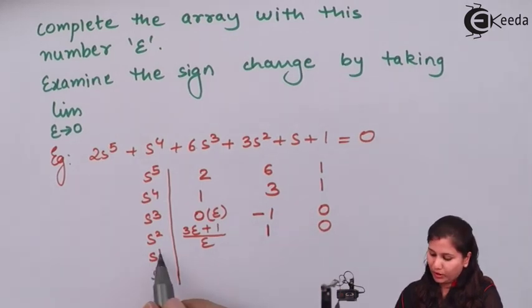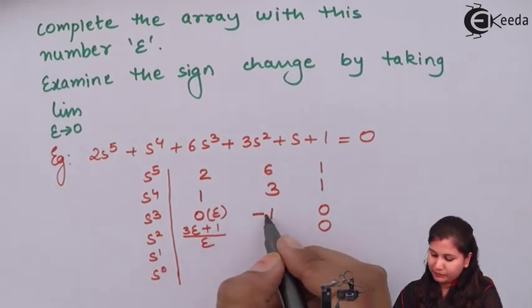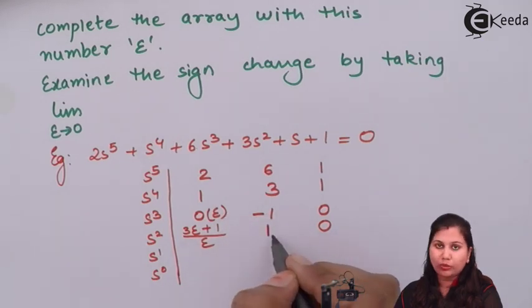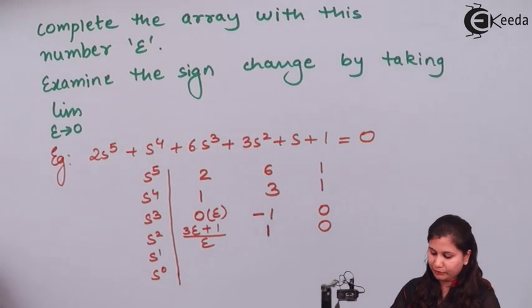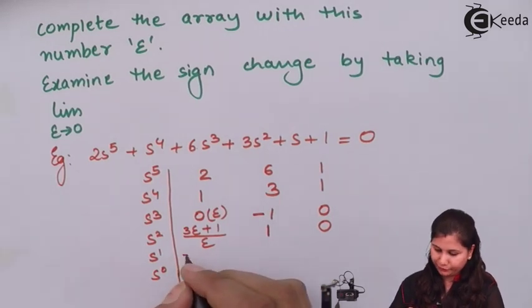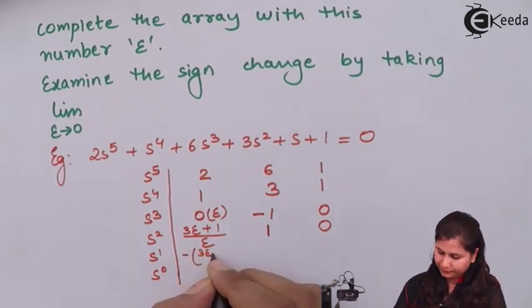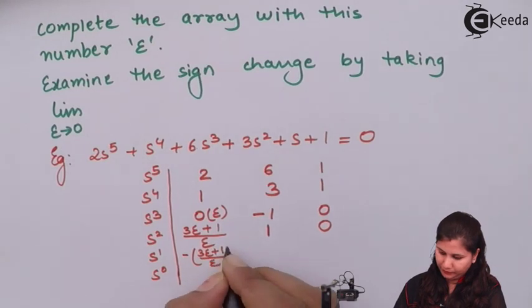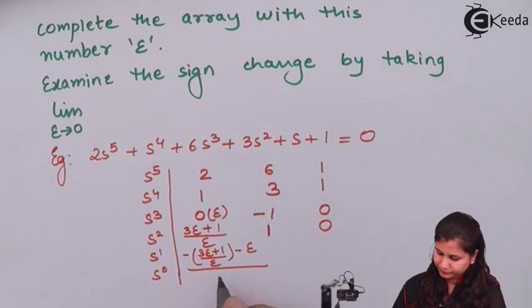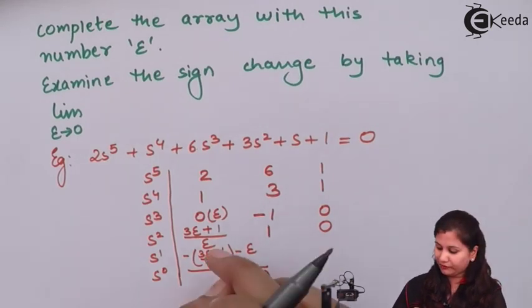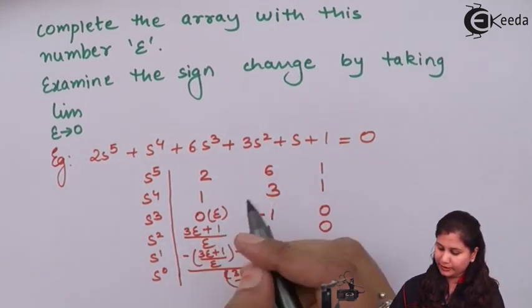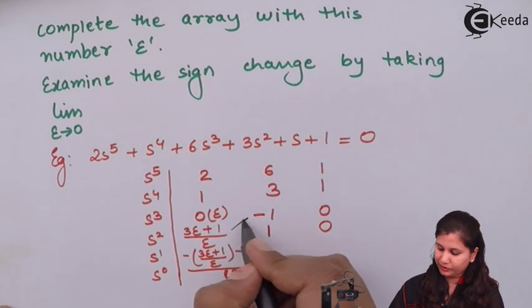Then s to the power 1. We will multiply this with minus 1, epsilon with 1 divided by this. So we are going to get this number as minus of. So what we have done, we have multiplied this 3 epsilon plus 1 upon epsilon with minus 1.